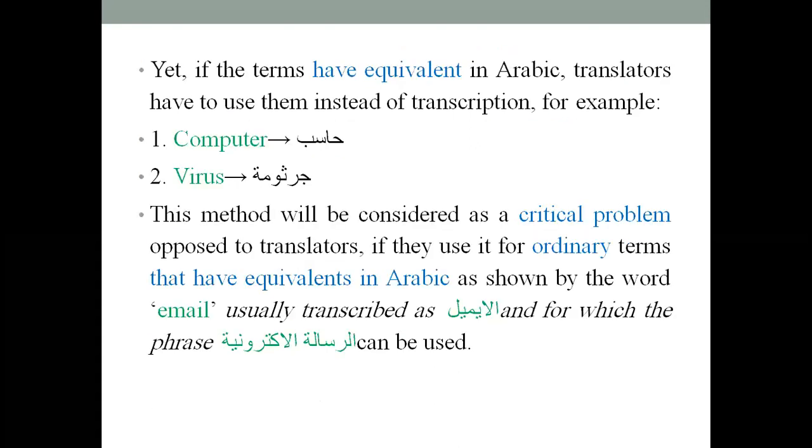Now, for some technical terms, we have Arabic equivalent terms, so translators are encouraged to adopt the Arabic equivalent terms. For example, computer means hasib or hasub.